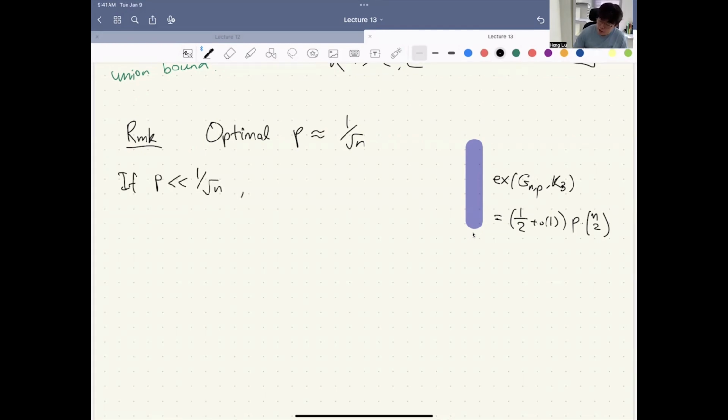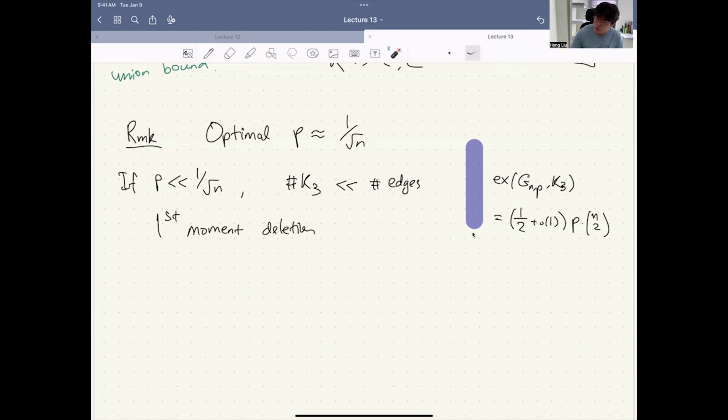We will show that the number of triangles is much less than the number of edges. Then what can we do? You can do first moment deletion. Meaning, for each appearance of a triangle, we delete an edge inside this triangle.